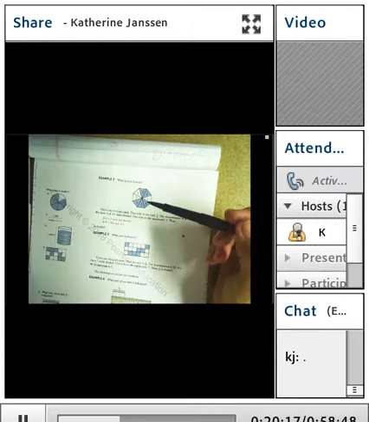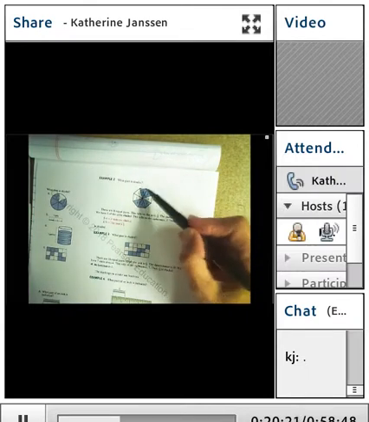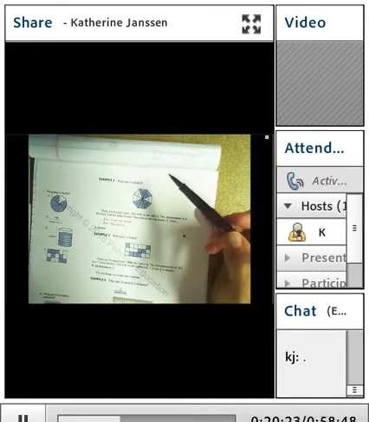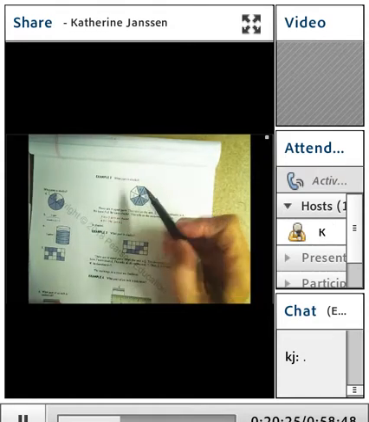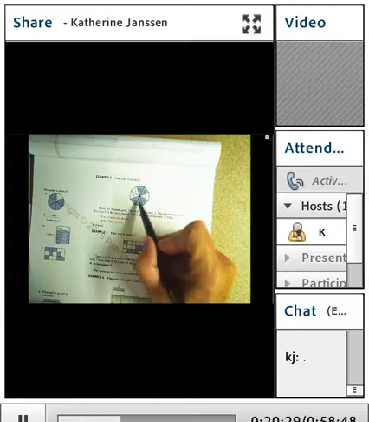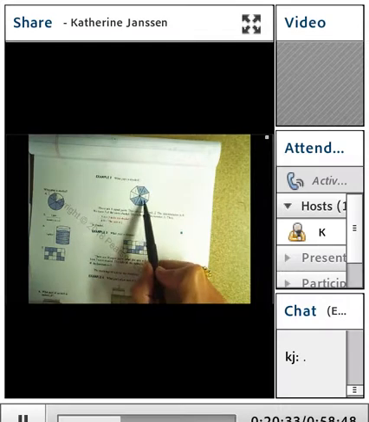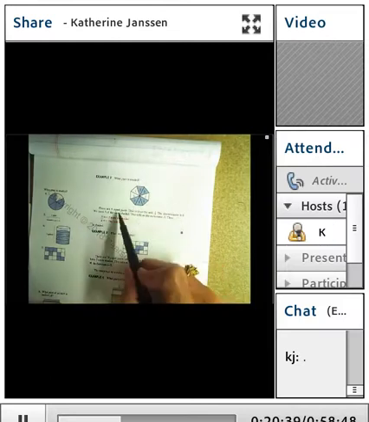Example 2 on page 100, we begin to look at fractions of a whole diagram. This diagram has been divided into eighths. Here's 1/8, here's an eighth, here's an eighth, and some of them have been shaded. So the equal parts are 1/8, 1/8, 1/8, 1/8, and there's actually 8 equal parts.